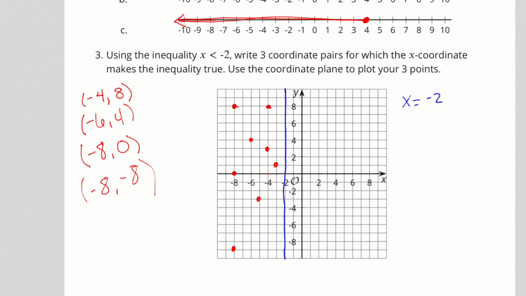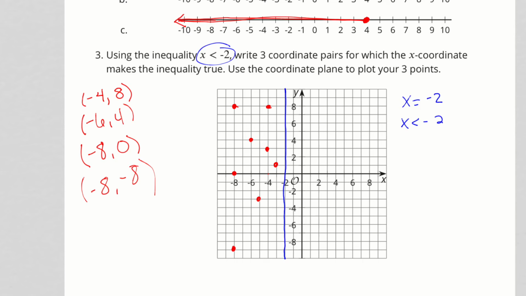In our case, we're looking at x is less than -2. So does it equal where that line is? No. Why not? It can't be on -2 because it has to be less than -2.